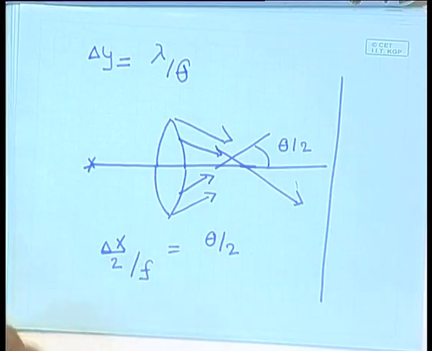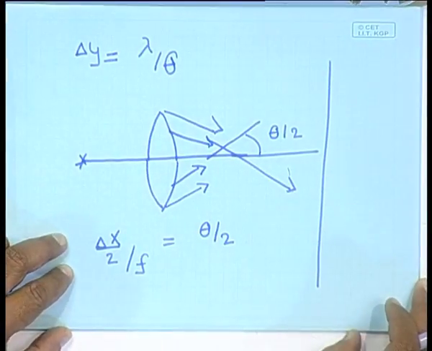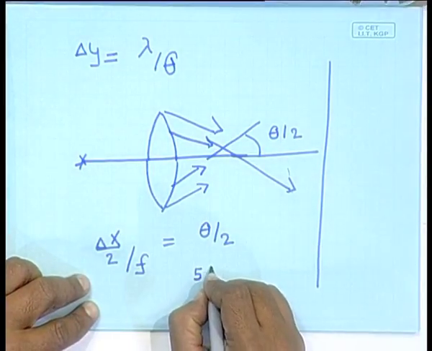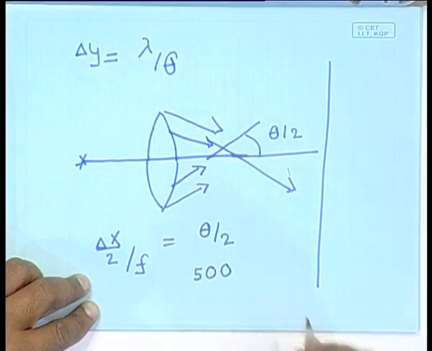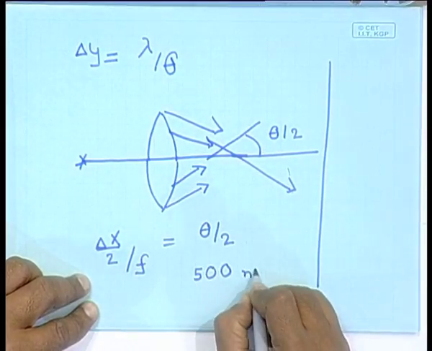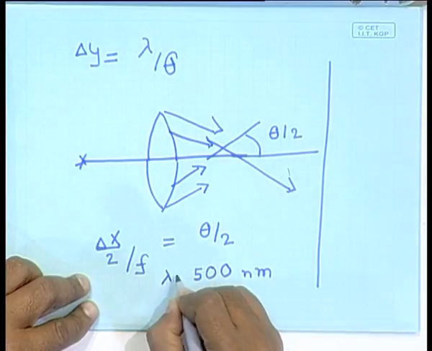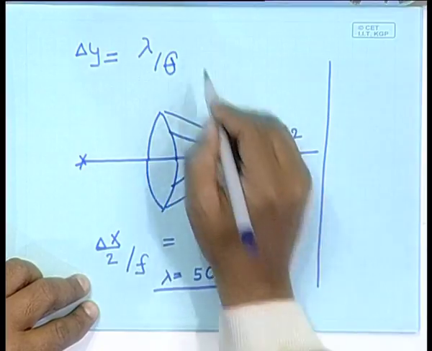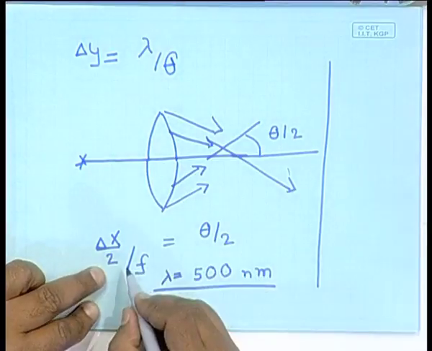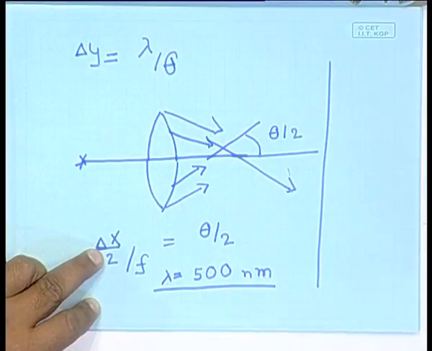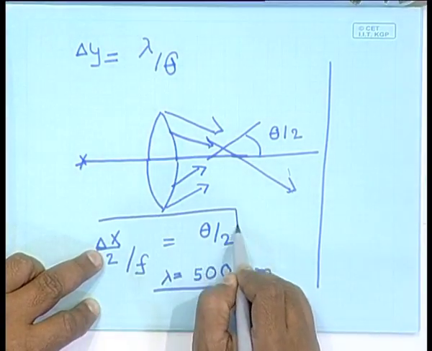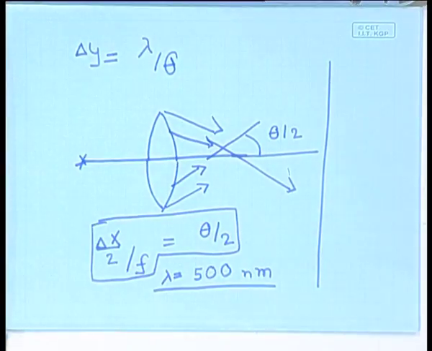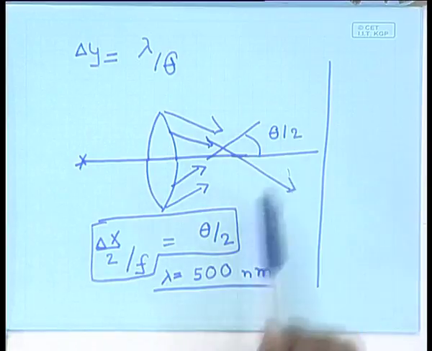So, if you are doing this whole experiment with yellow light, which has a wavelength of around 500 nanometers, this is lambda, and theta, we know that theta is delta x by f from here. So, this tells us the value of theta, and we can use this to calculate the spacing of the fringes on the screen, right.